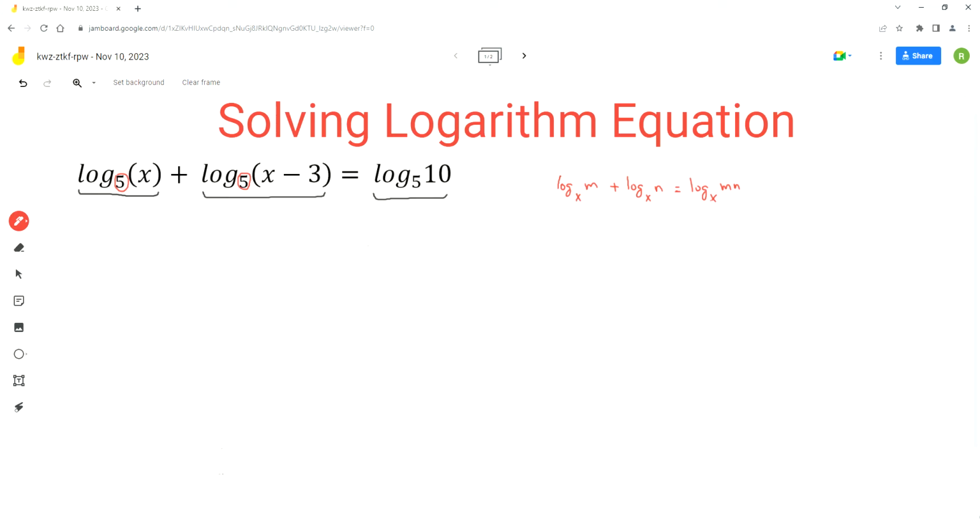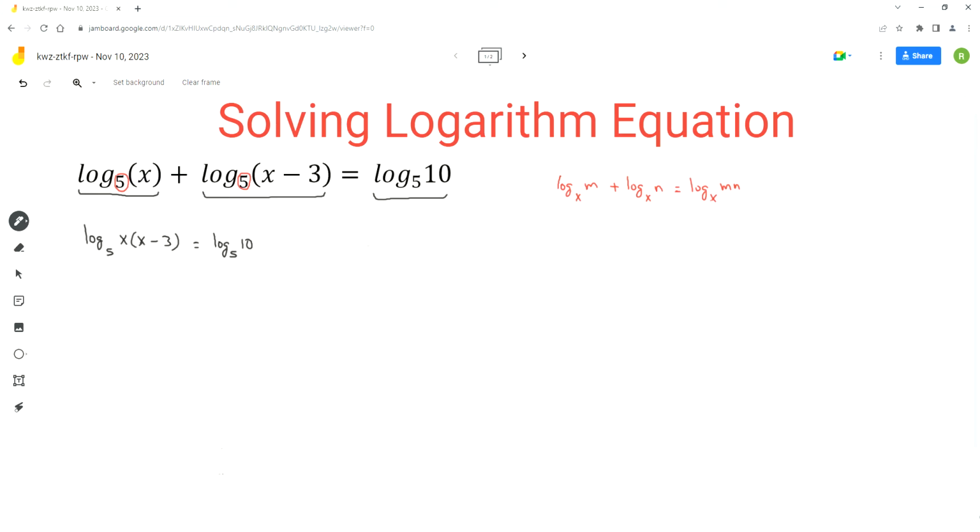So we'll have to do the same step in this problem. We'll write it as log, and the 5 stays the same as the base, and we do x times x minus 3 equals, and now we write the term on the other side of the equation. So that stays the same.